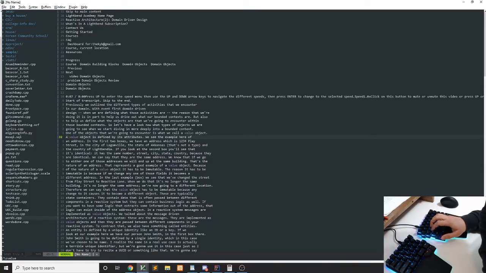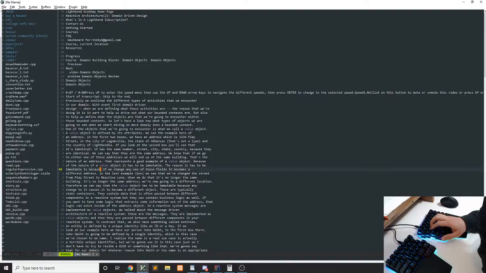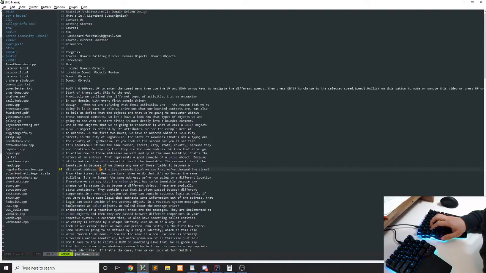We see the example here of an address. That's the nature of an address that represents a good example of a value object because of the nature of the value object. It has to be immutable. The reason it has to be immutable is that if we change any one of those fields, it becomes a different address.